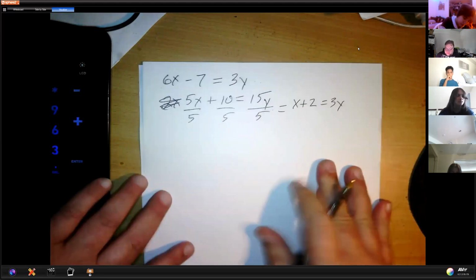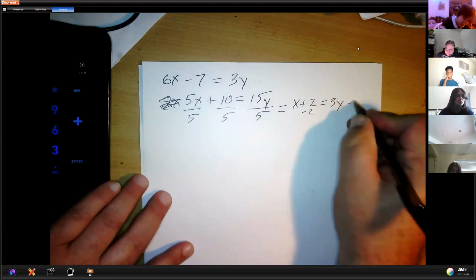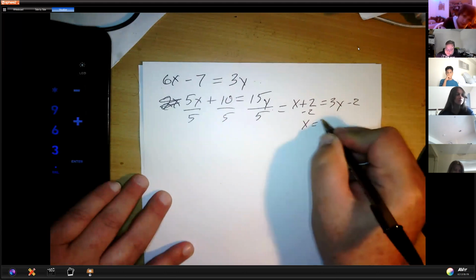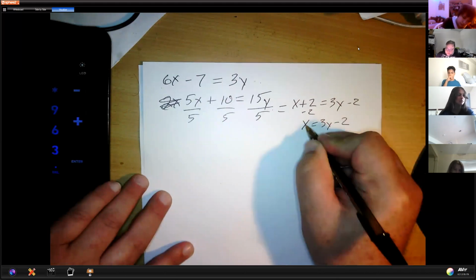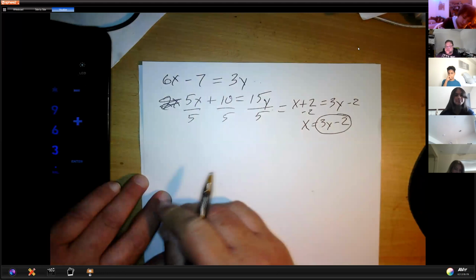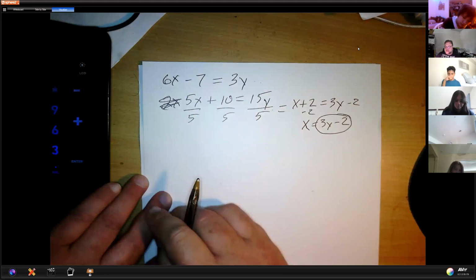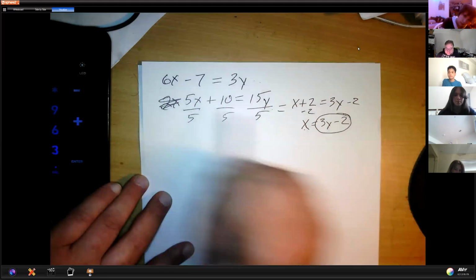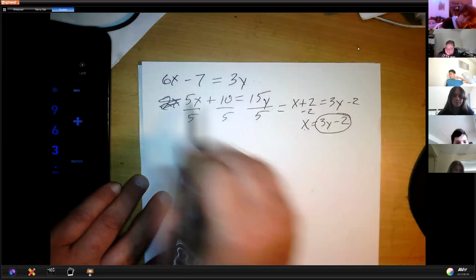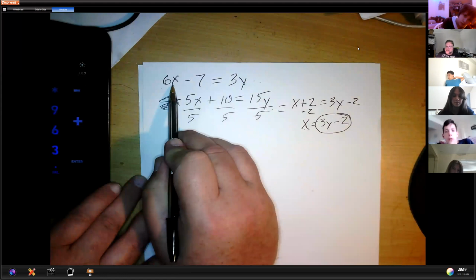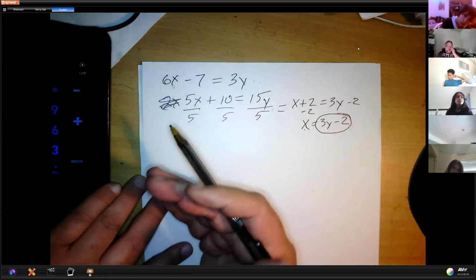Now watch this. I'm going to subtract 2, and I get x equals 3y minus 2. Well, can't I take this now and substitute it in on the top one for x? Because if this equals x and this is x, can't I just take this value and put it behind 6 and multiply it by 6? It's the same idea, right?